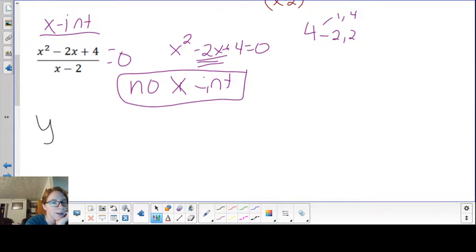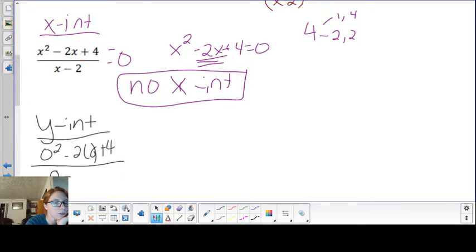Next we have the y-intercept, and that's where all my x's are 0. So I have 0 squared minus 2 times 0 plus 4 over 0 minus 2, which is 4 divided by negative 2, which is negative 2. So that point is (0, negative 2).